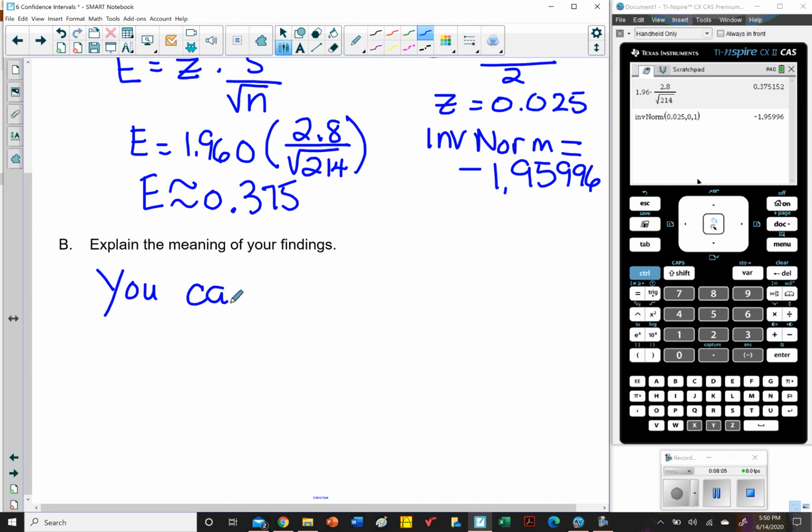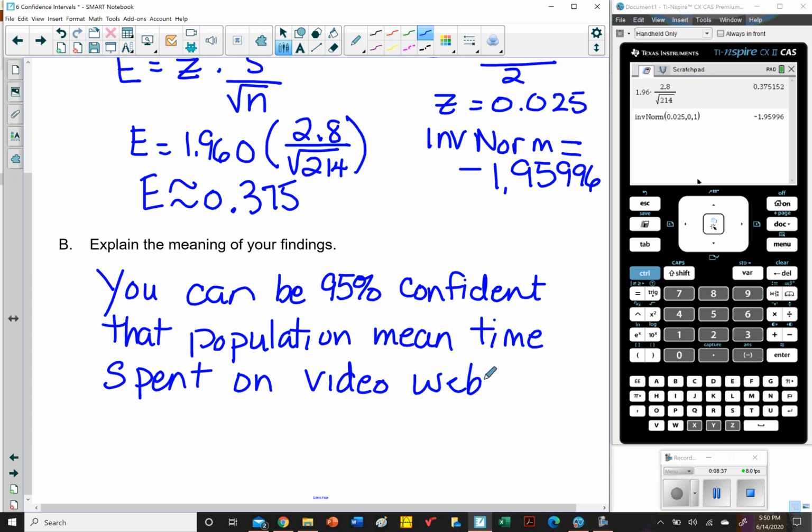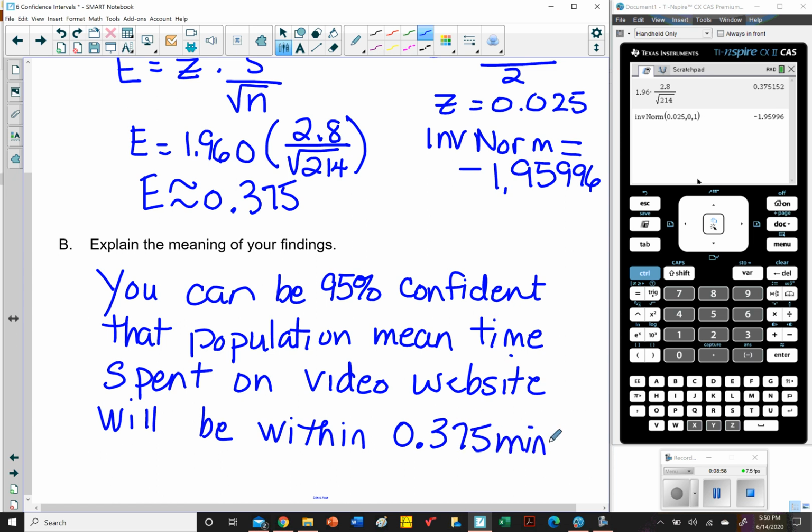So putting that into words, you can be 95% confident that the population mean time spent on the video website will fall within 0.375 of a minute, so just a few seconds, of the sample mean.